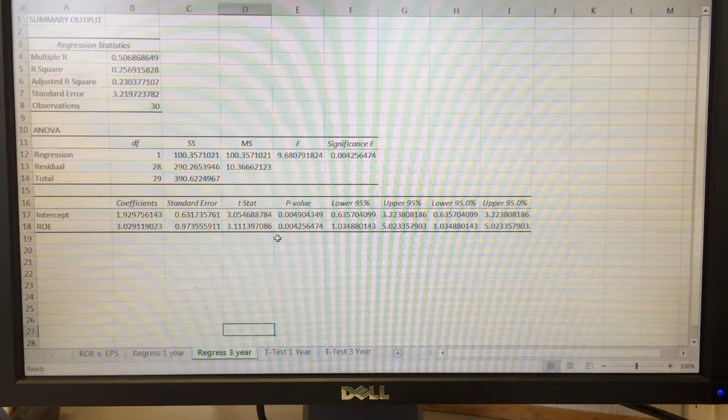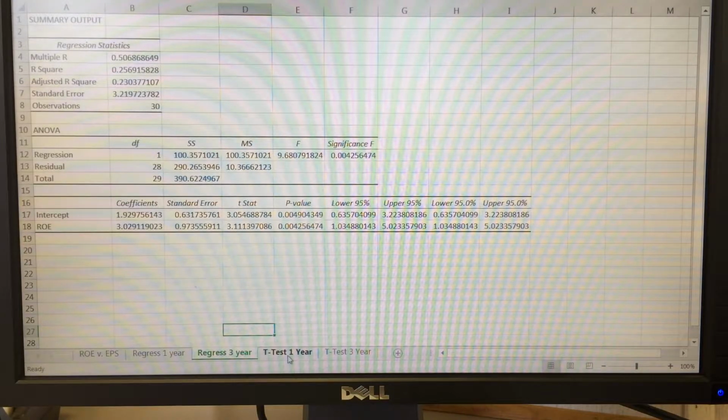So this is telling me, at least with the regression test, that there is significance here: the higher the ROE, the better the company is managing the investors' money, and the higher the earnings per share. But those two tests alone don't prove anything.